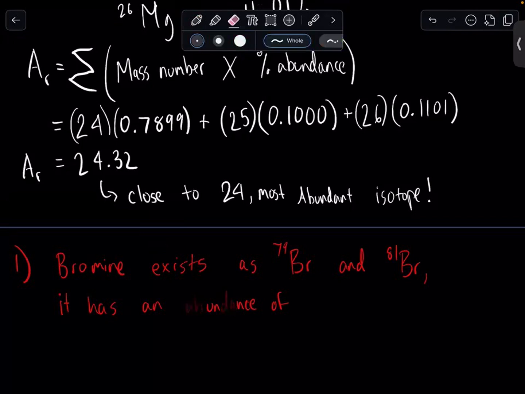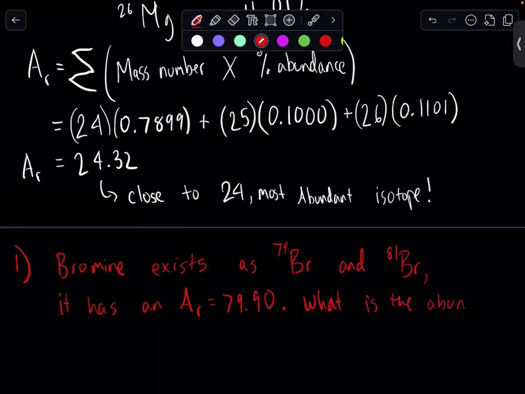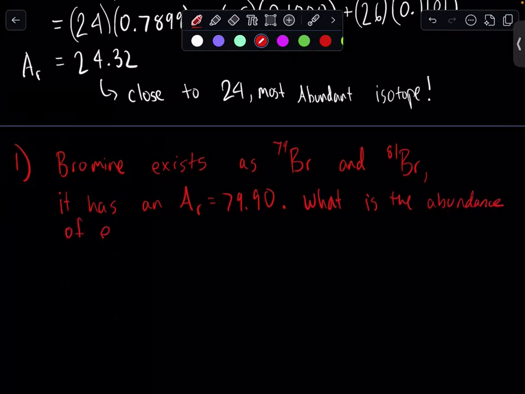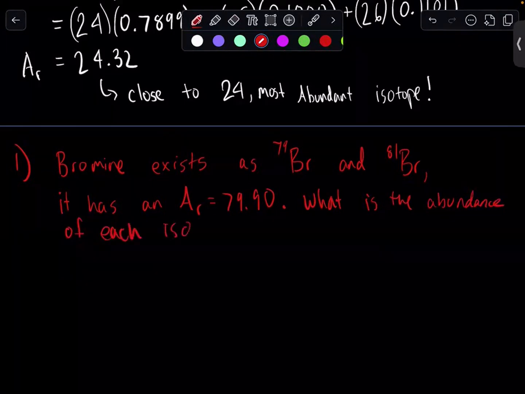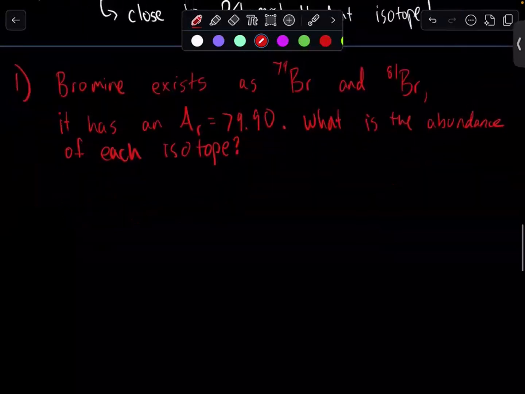It has an atomic mass, so I'm going to give you straight up the atomic mass of 79.90. What is the abundance of each isotope? So this is very much a question that the DP will ask you, and you have to be able to work backwards.